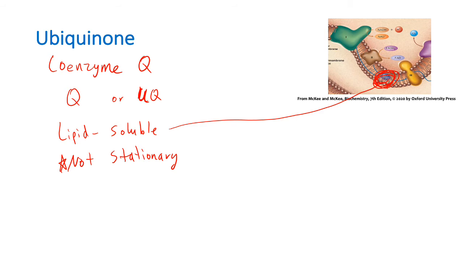And what it does is, you see complex 1 right here. It takes one electron at a time. And so what happens is it's ubiquinone here. And then after it accepts one electron, it's semi-ubiquinone.